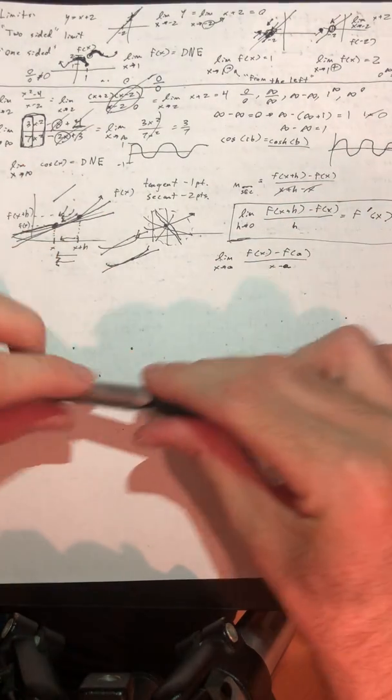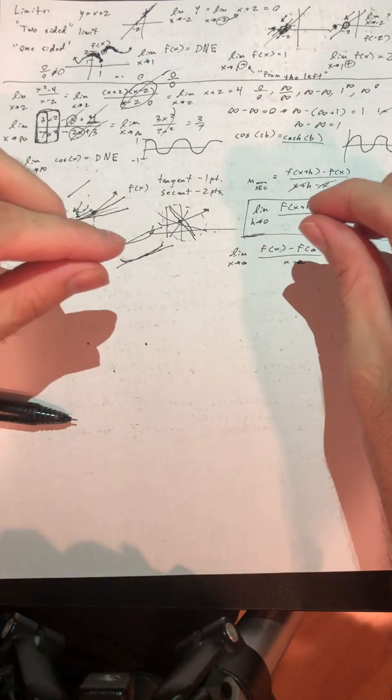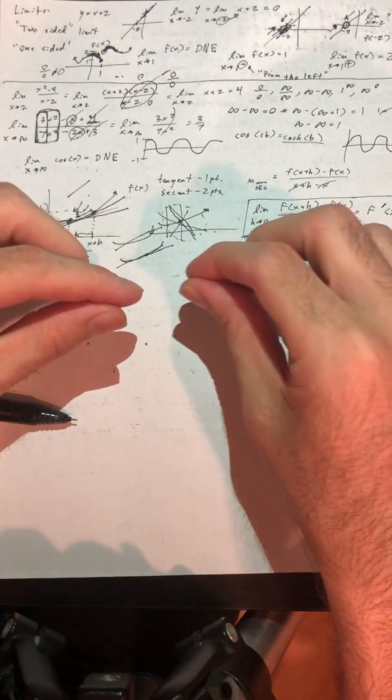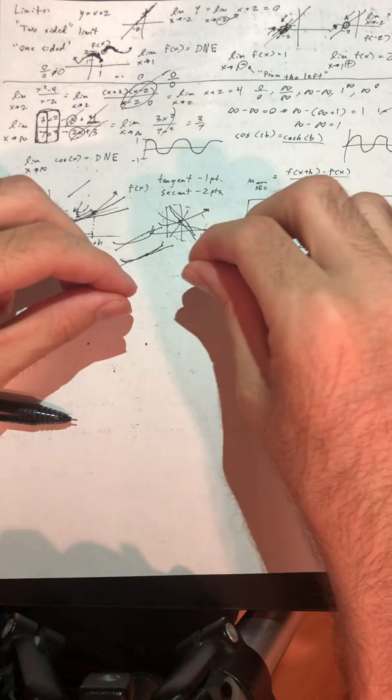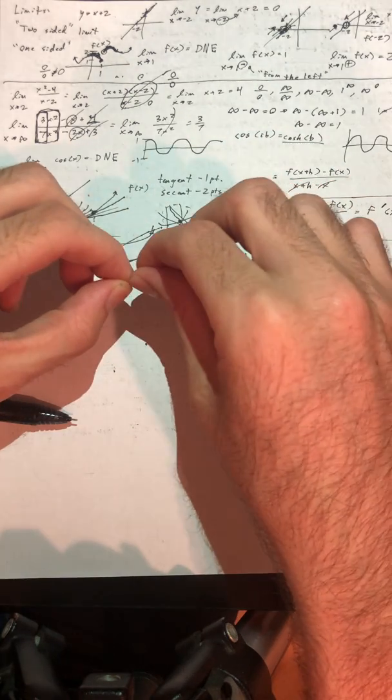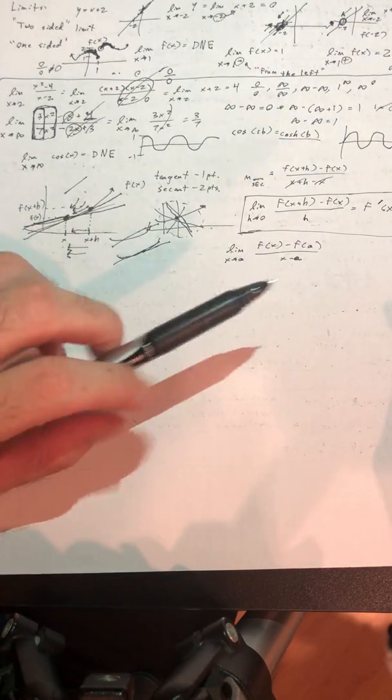It's basically the slope formula, and you're picking 2 points and letting one get closer and closer to that original point. You're limiting one point into the other one, and eventually they look almost exactly like one. So again, you have a secant line and it approaches a tangent line. Okay, that's the alternate definition of the derivative.